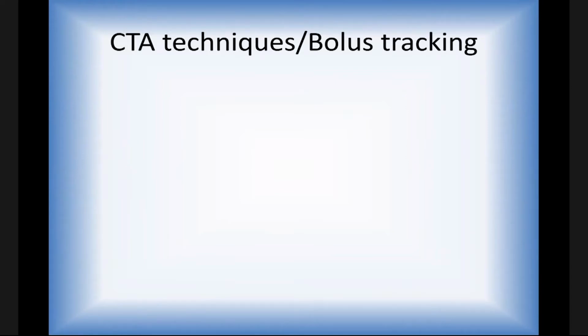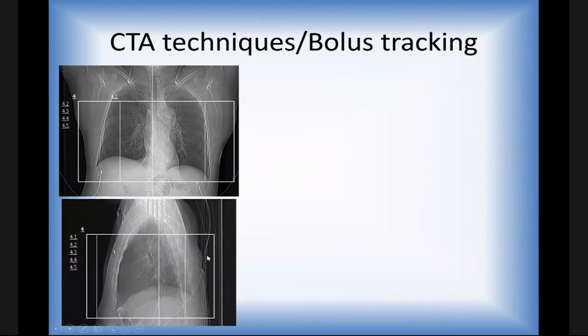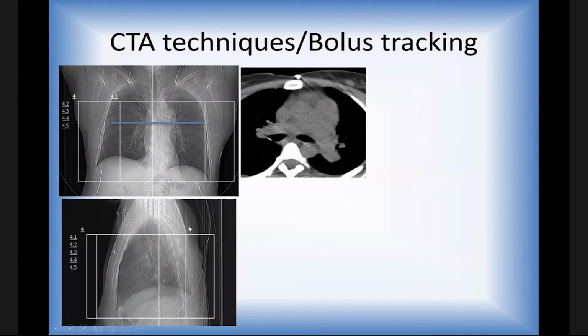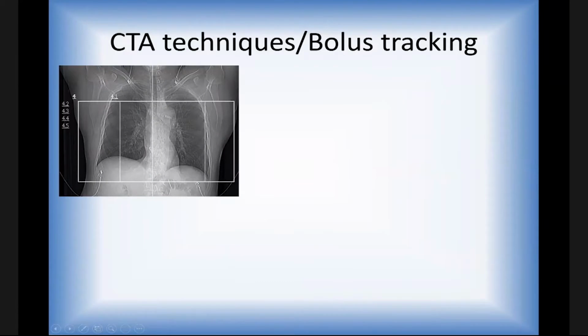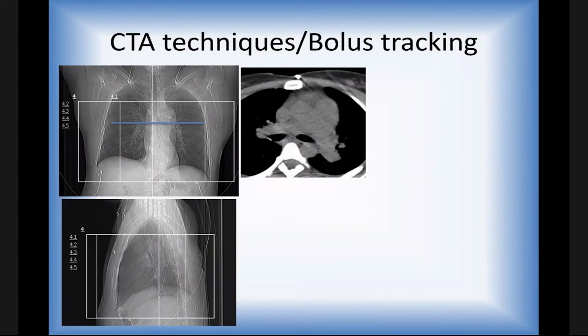For CTA technique from head to toe, we have 2 techniques: the bolus tracking technique and the test bolus. In the bolus tracking technique, we do a scout image and we track the patient right here, just below the carotid. This is an example of how we do a PE protocol. We get the image without contrast first.